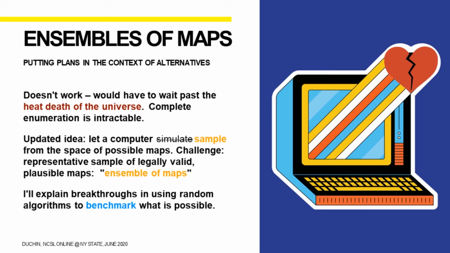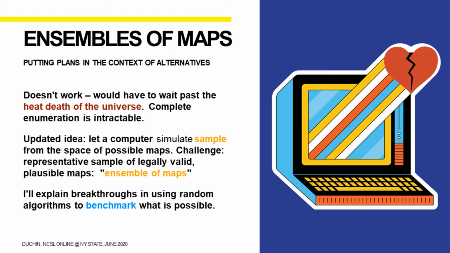But we have a really good way to handle that these days. Some people call this simulation, but I prefer the term sampling. You can get your computer to take a representative sample of all those possible maps. So even if you can't completely enumerate the jillions of maps, you can take representative maps from the universe.